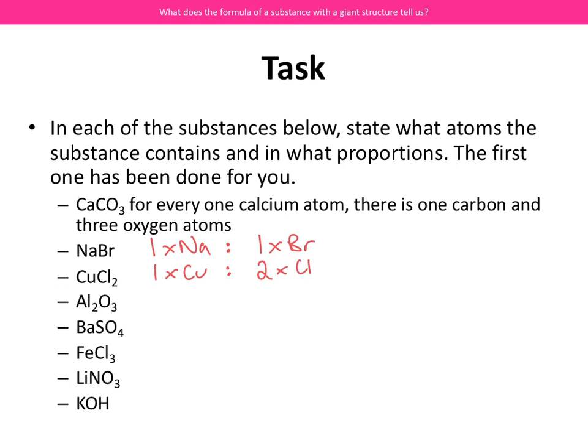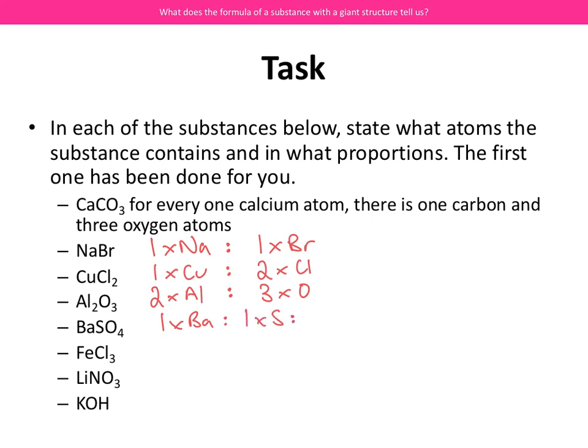Aluminium oxide: there's a little 2 after aluminium, so that's 2 aluminium, and then there is 3 oxygen. So that's the ratio, 2 to 3, 2 aluminiums for every 3 oxygens. Then we've got barium sulfate. There's no number after the barium, so it's 1 barium. There's no number after sulfur, so 1 sulfur.